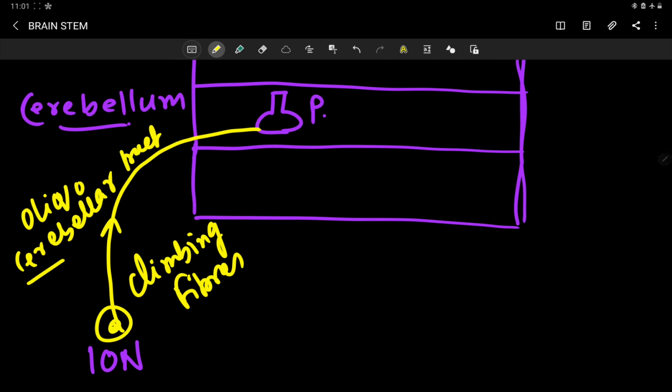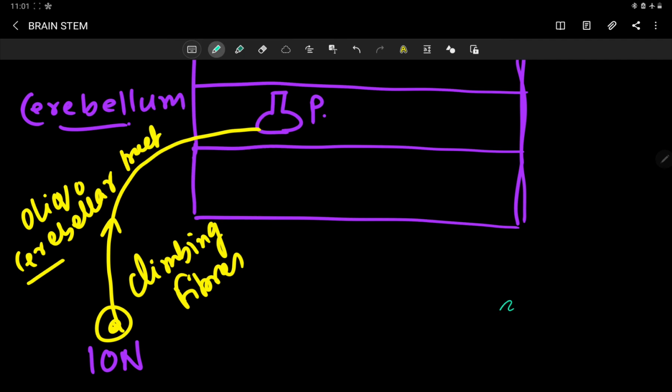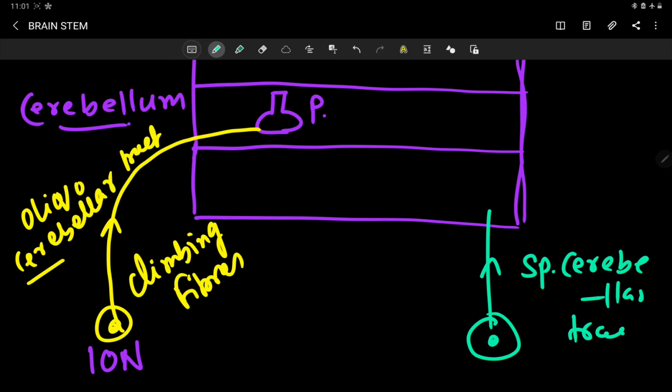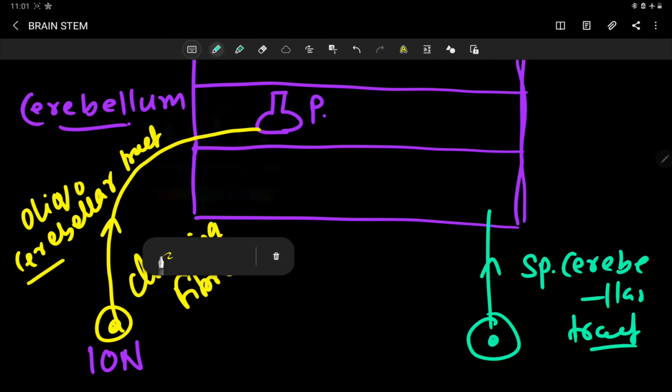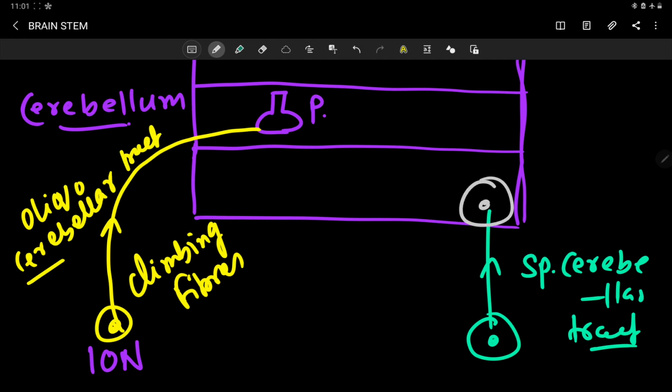Another thing, just for concept, I am telling: the spinocerebellar tract, that means the fibers coming from the spinal cord to the cerebellum, is sending signals to the granule cells of the cerebellum, and this granule cell is activating your Purkinje cell.